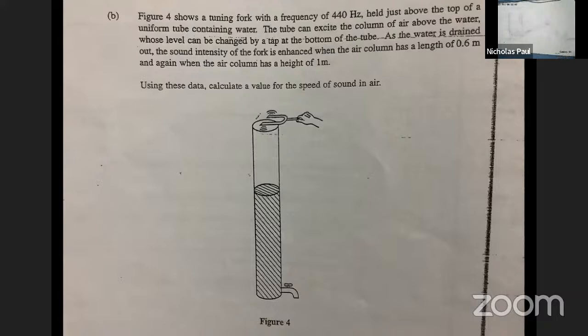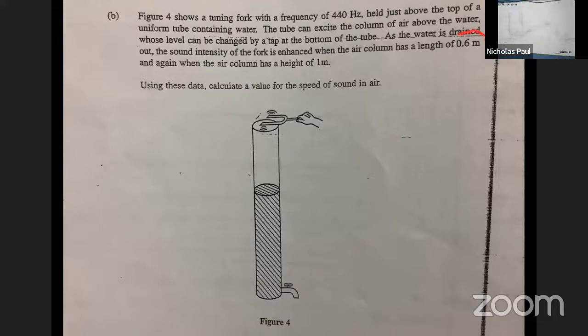Online, anybody remember? When you go from one harmonic to the next, what happens? Very good, Karina. So that's what you have to remember here.